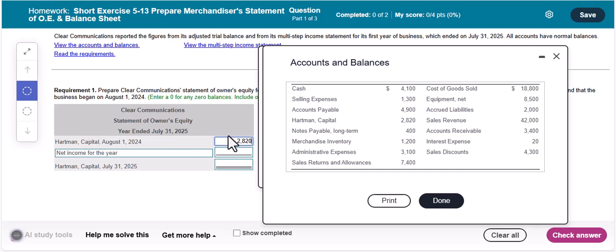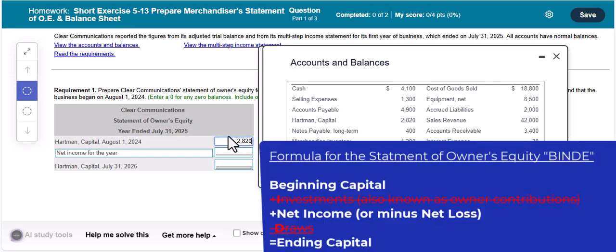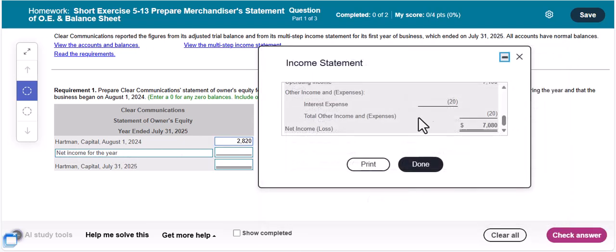And then we are skipping the I in BINDI because, again, we had no investments from the owner. And moving on to the net income for the year. And again, that was at the very bottom of the income statement here for $70,080. So since that was income, we will add that.